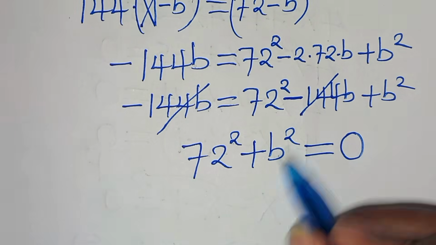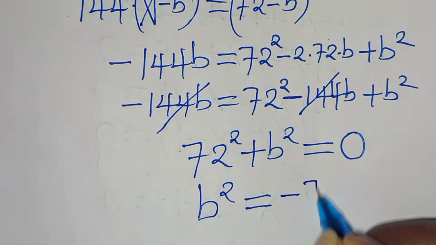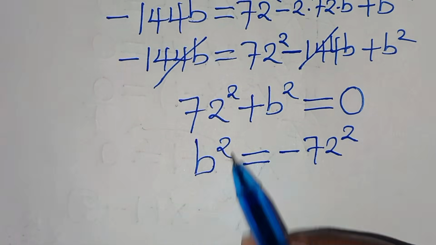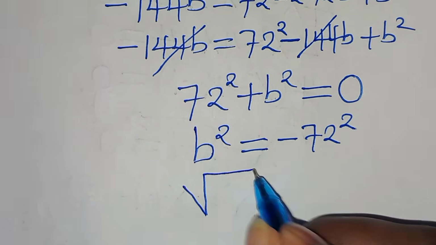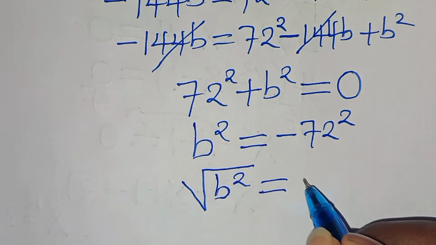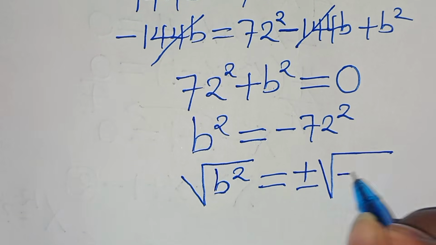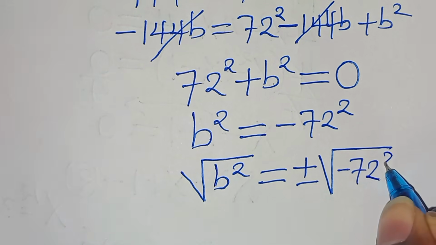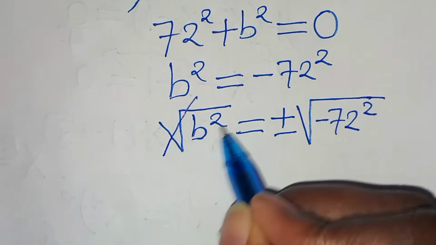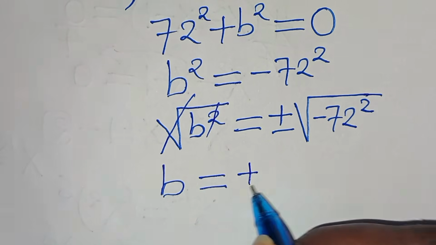Now, to solve for b, we have that b squared is equal to minus 72 raised to the power of 2. To solve for b, we introduce a square root on both sides, so that we have the square root of b squared equal to plus or minus the square root of minus 72 raised to the power of 2. Now, let's eliminate the square root sign, so that b is equal to plus or minus.